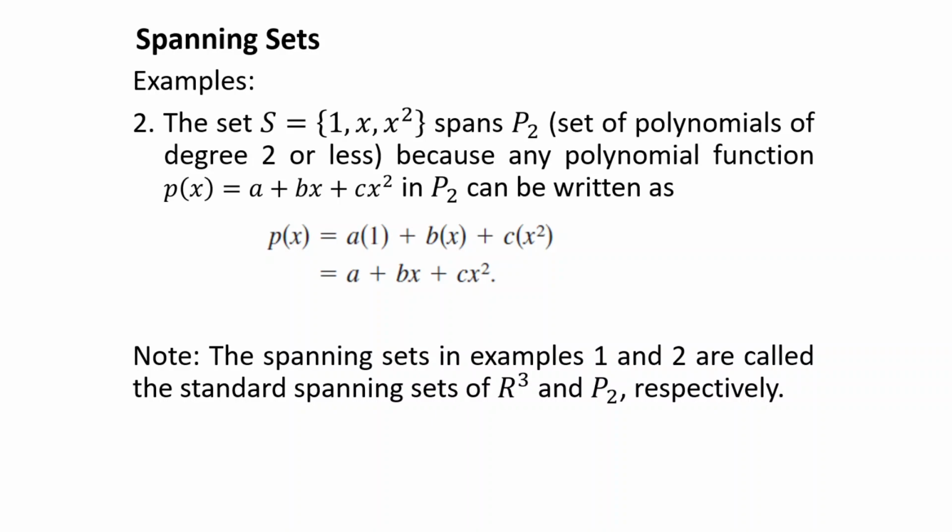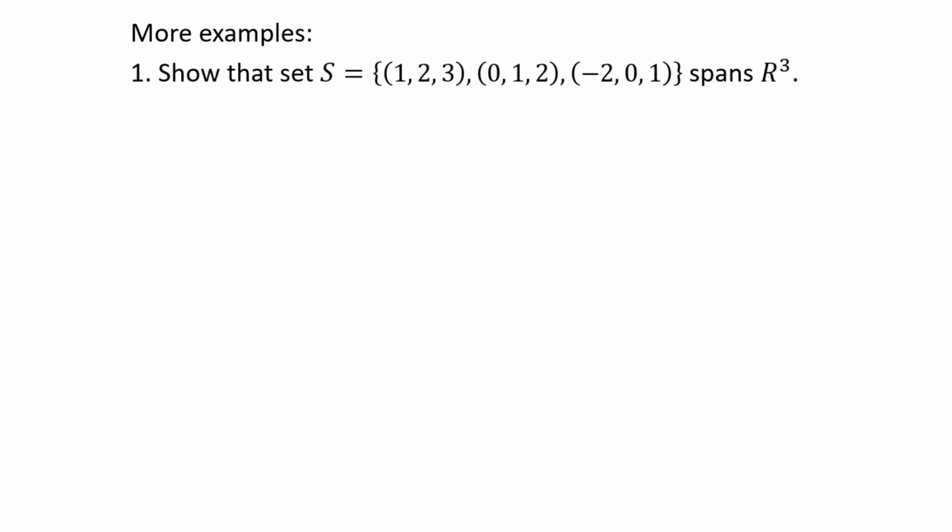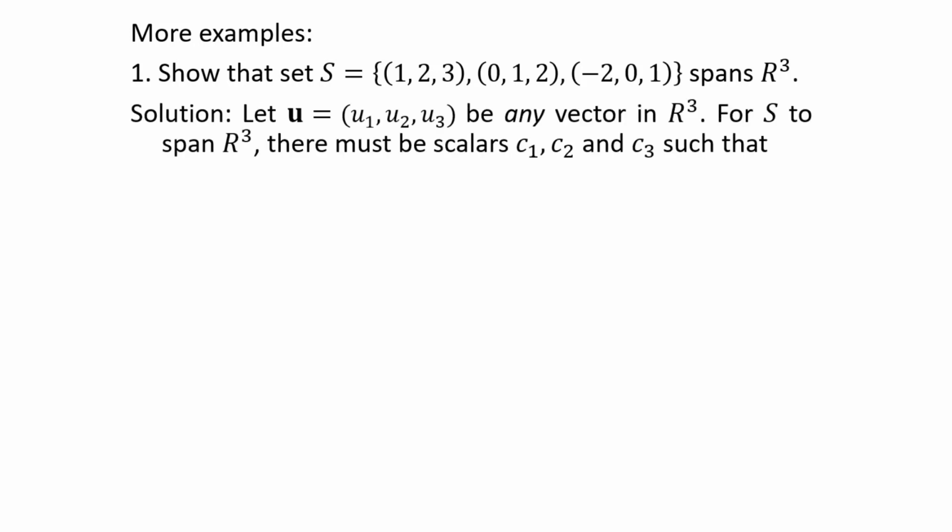Now let us have more examples on spanning sets. So first, we show that the set S spans R3. So we must show that every vector in R3 can be written as a linear combination of these vectors in S. So we let U be any vector in R3.